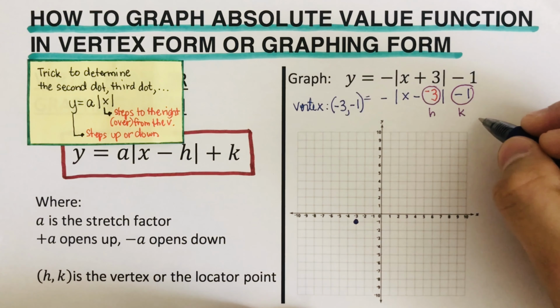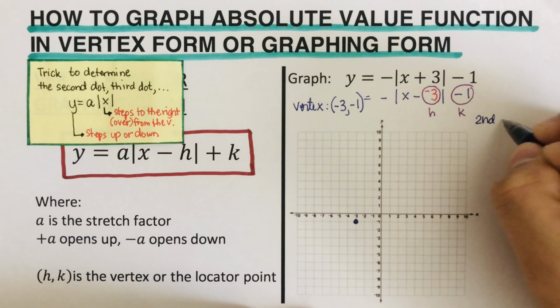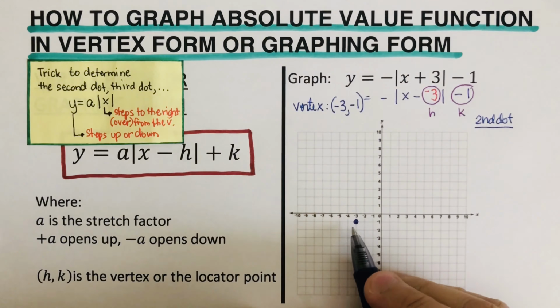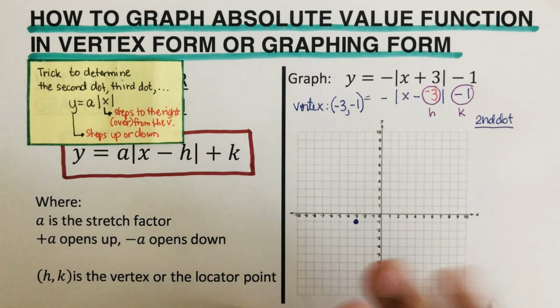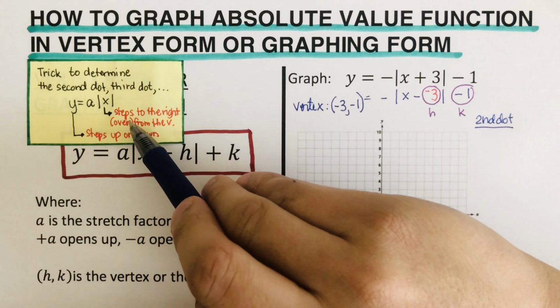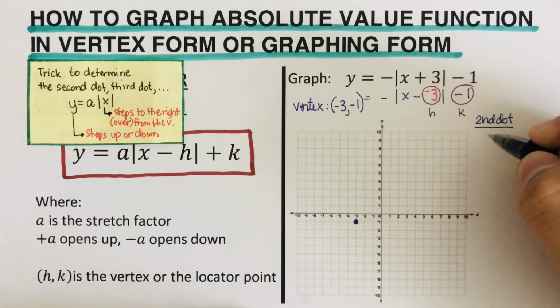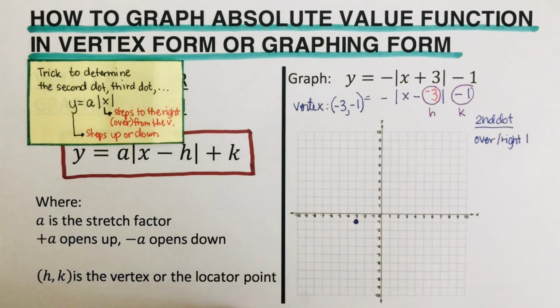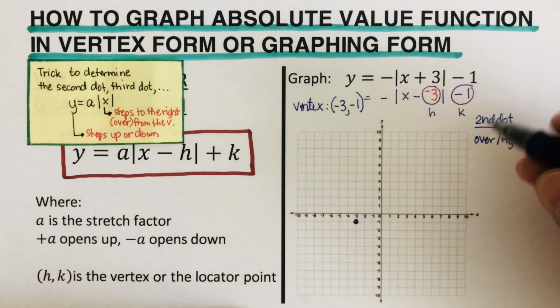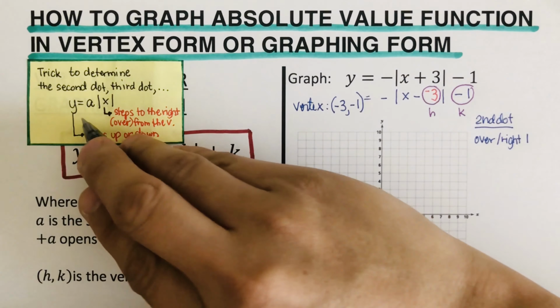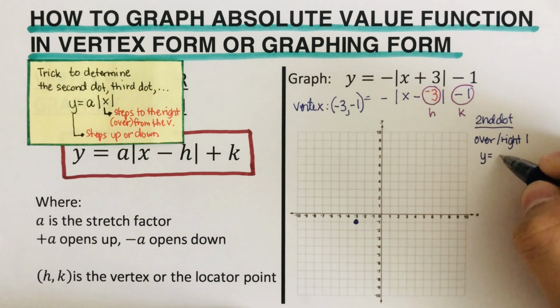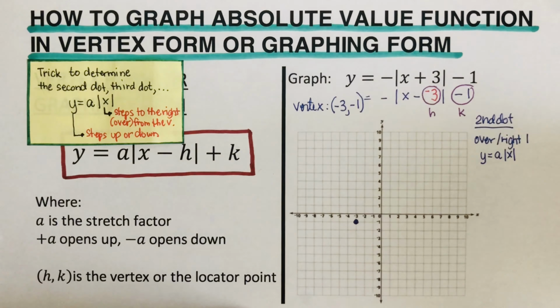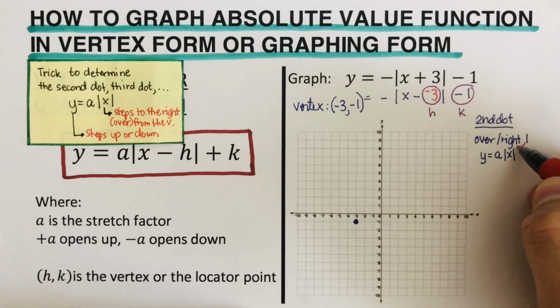So let's find the second dot here. From the vertex, we are going to look for the second dot. Where does it go? To do that, I am going to go over to the right one step. So using the equation y is equal to a absolute value of x, I put the 1 into the x.